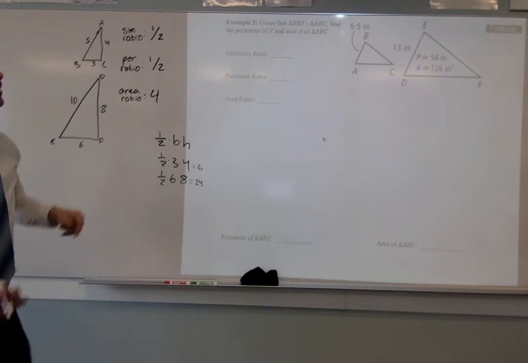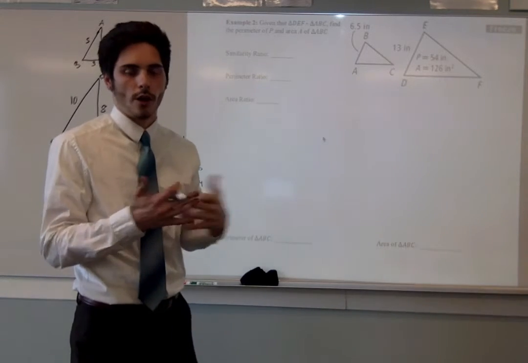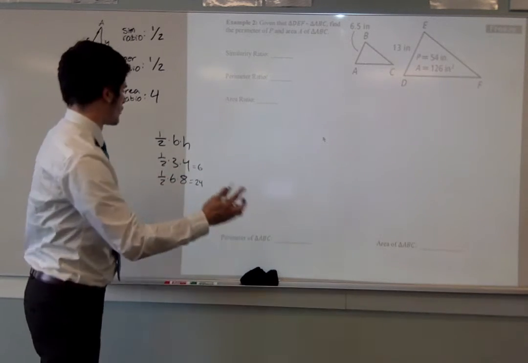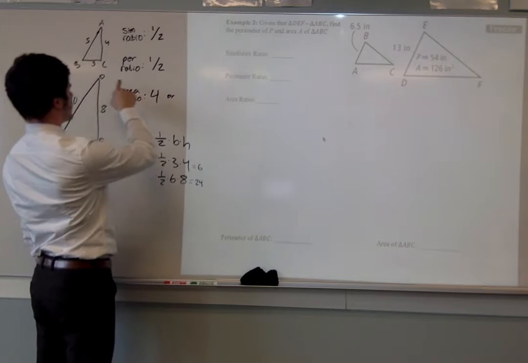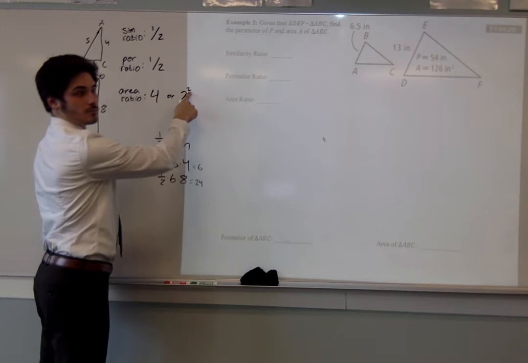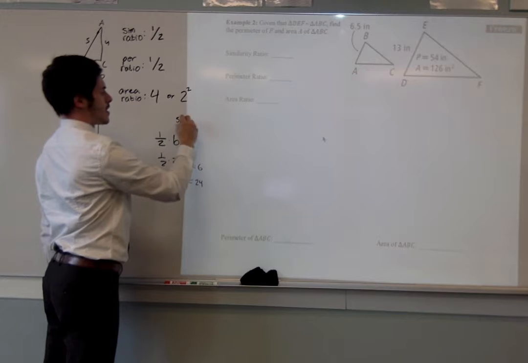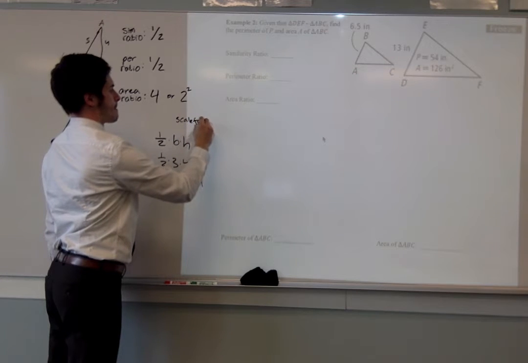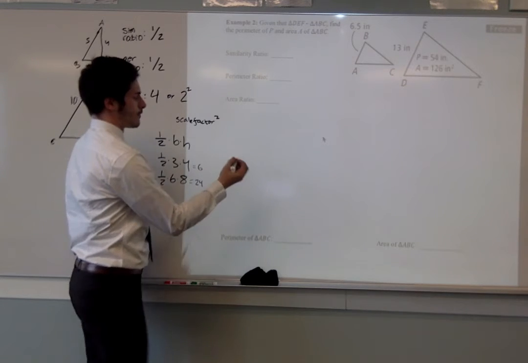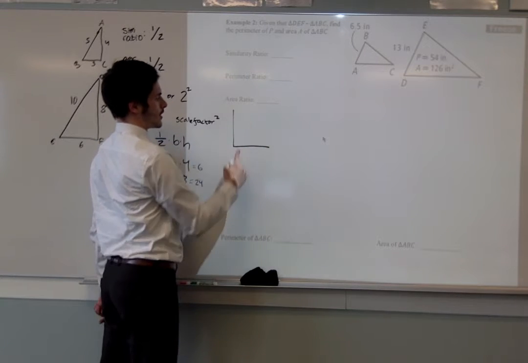But then with area, since we're not talking about the lengths anymore, we're talking about area, like ground that it covers, like 2 dimensions, we can say that it's this scale factor, but squared, since it's 2 dimensions. So since we're doing 2 dimensions, we'll take the scale factor and square it. This square represents 2 dimensions. It's like going from a line of 1 dimension to something like that with 2 dimensions.